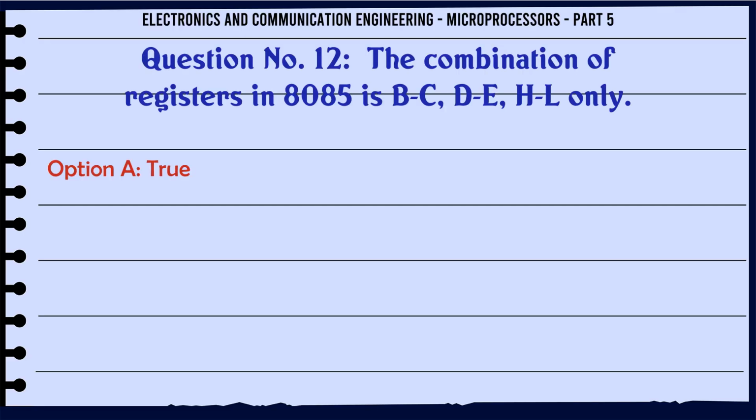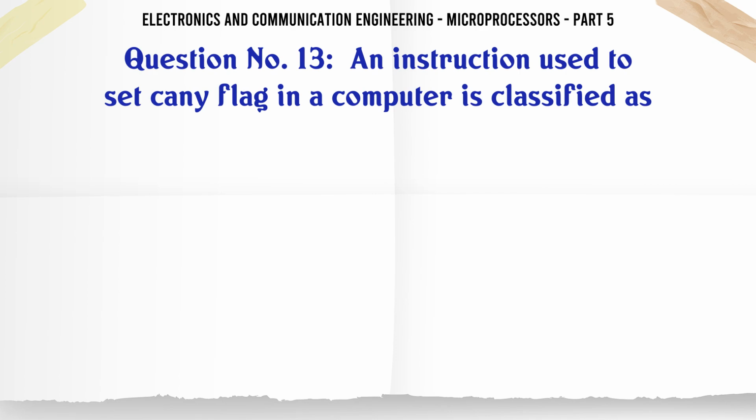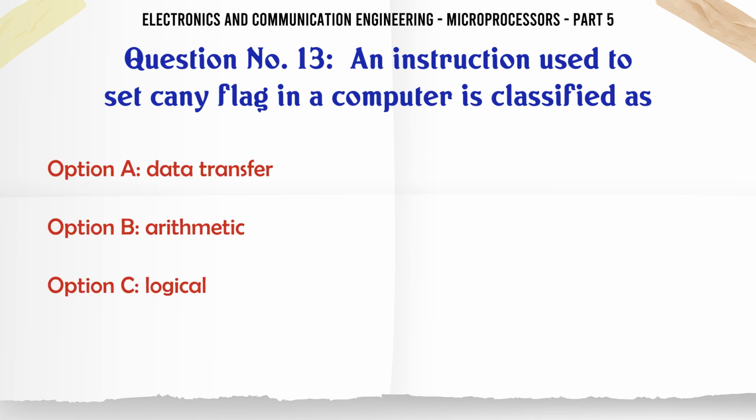The combination of registers in 8085 is B, C, D, E, H, L only. A. True. B. False. C. D. The correct answer is true. An instruction used to set carry flag in a computer is classified as A. Data transfer. B. Arithmetic.